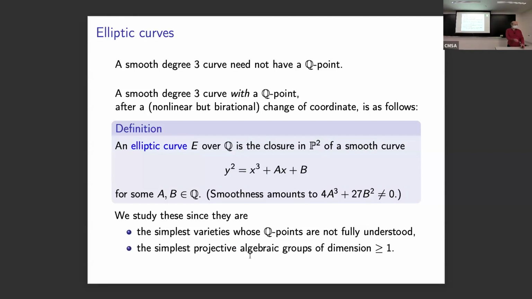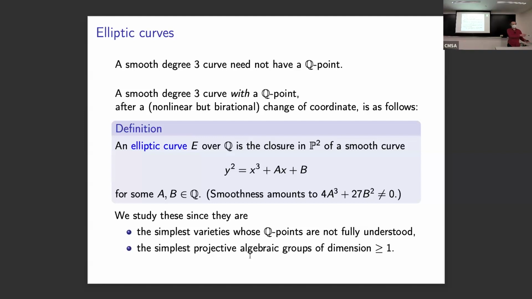If you have a smooth degree 3 curve with a rational point, then you can do a change of coordinates to put the equation of the curve in some reasonably canonical form. It's actually a little bit more than a linear change of coordinates, but it's a birational change of coordinates, where the new coordinates are expressed as rational functions of the old coordinates, and vice versa.